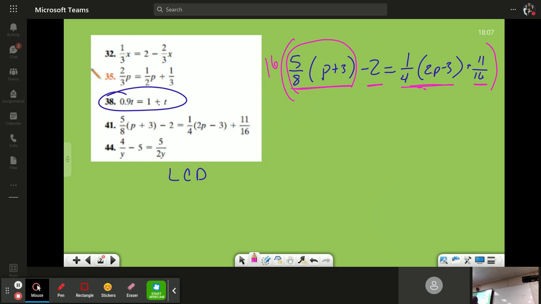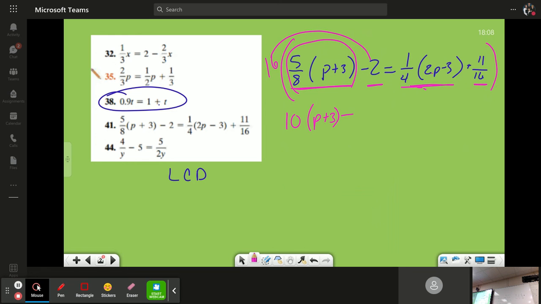So 16 times 5. If I have 16 nickels, 8 divided by 8. So that 5/8 turns into a 10 times p plus 3. Minus, might not be a fraction, but you still got to multiply by every term up there.